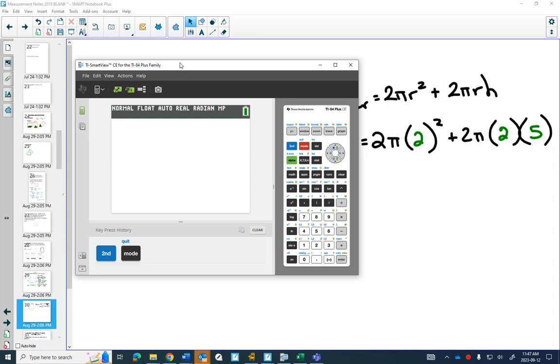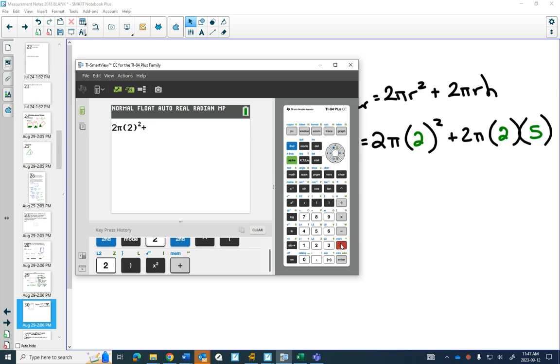If you have a graphing calculator, your pi button is above here. You have to hit the second button. So I go 2 pi, I can put a bracket in, and I can type this exactly as I see. Even with brackets.